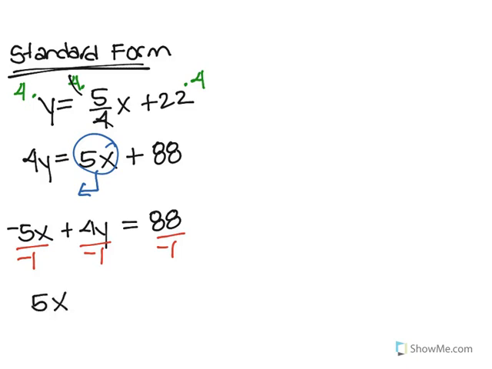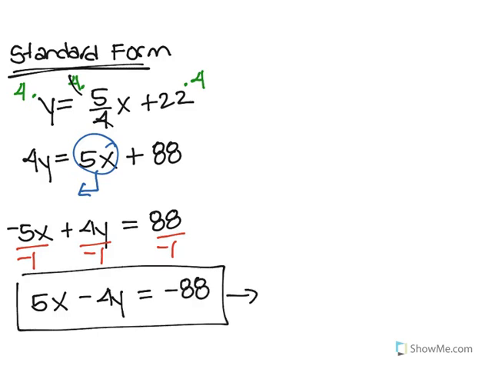So you get 5x minus 4y equals -88. And that would be the exact same equation. It's just in standard form. Okay, so I want to make sure I did show one if it had a fraction, how you would get that actual answer in standard form.